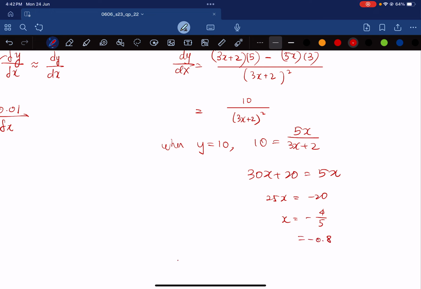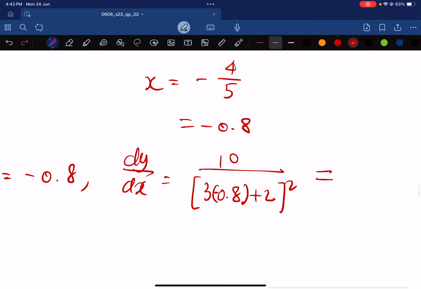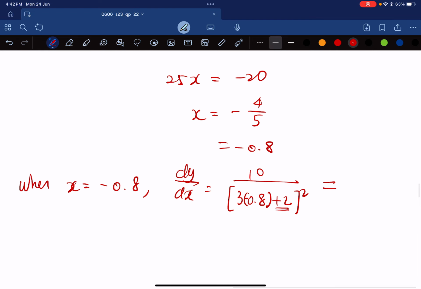So dy/dx, when x equals negative 0.8, would equal 10 over (3 times negative 0.8 plus 2) squared. 3 times negative 0.8 is negative 2.4. Negative 2.4 plus 2 is negative 0.4.